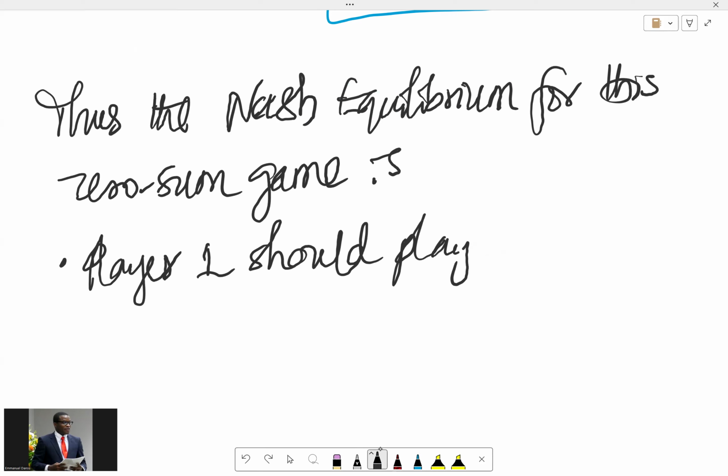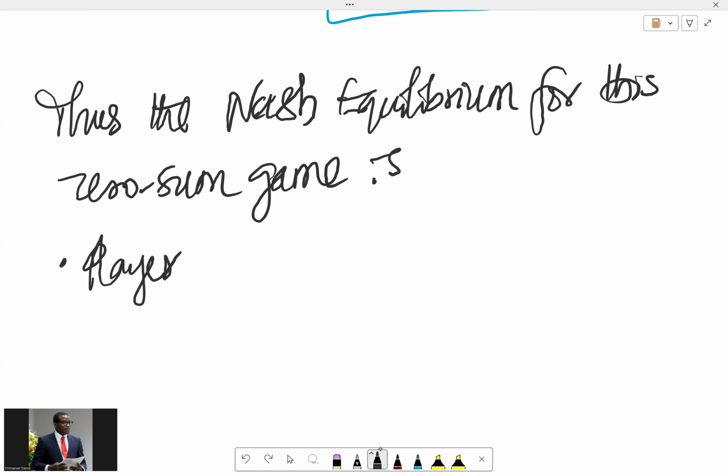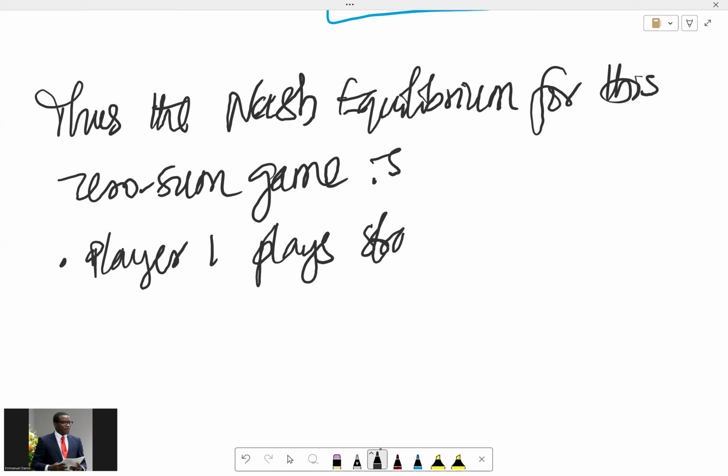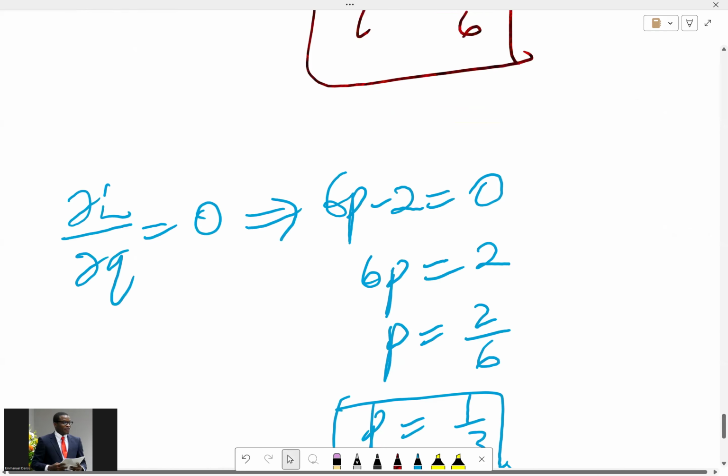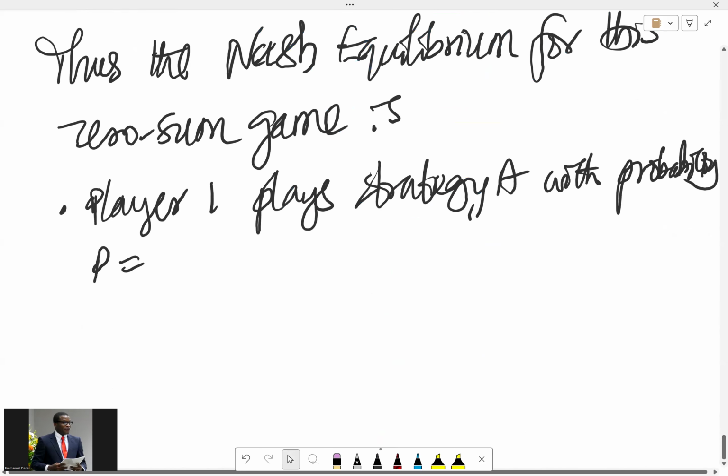Okay, I think I'm getting ahead of myself. The Nash equilibrium is that player one plays strategy A with probability P equals 1 over 3.